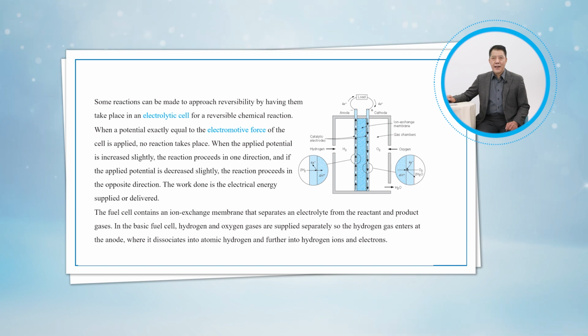The fuel cell contains an ion exchange membrane that separates an electrolyte from the reactant and product gases. In the basic fuel cell, hydrogen and oxygen gases are supplied separately, so the hydrogen gas enters at the anode, where it dissociates into atomic hydrogen and further into hydrogen ions and electrons.